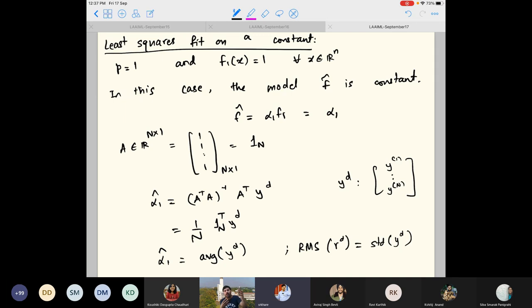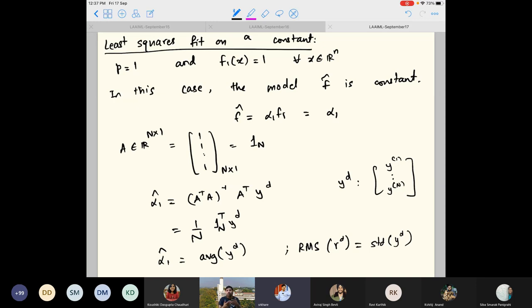So what is it saying? If you have a data set and you want to represent it with a single point, then the best single point with which you can represent the data is the mean. And what is the error in representing the data set as a single point? The error is the standard deviation, or the sum of squares error in the least squares is actually the variance.